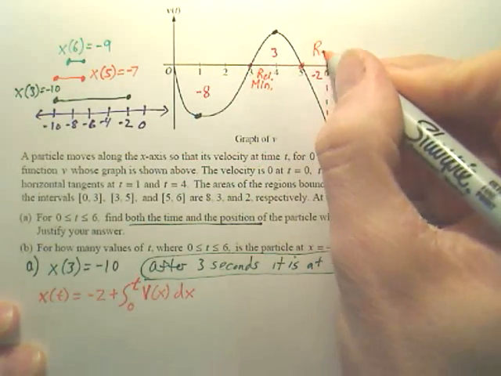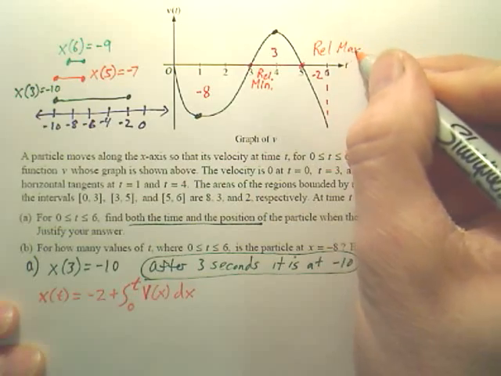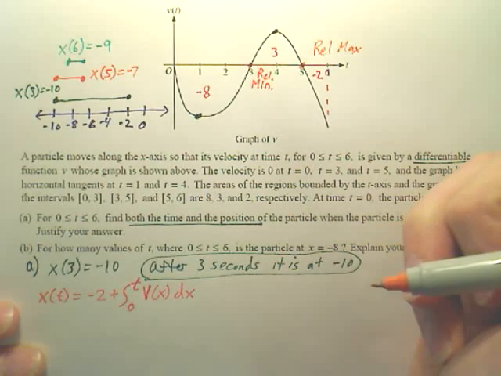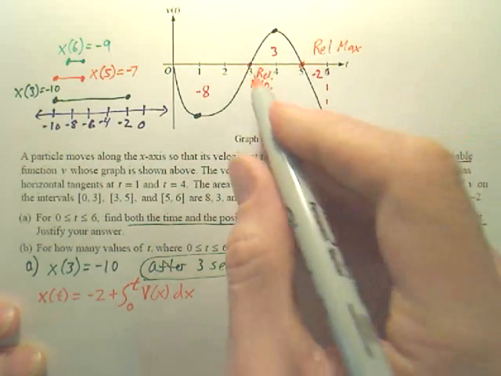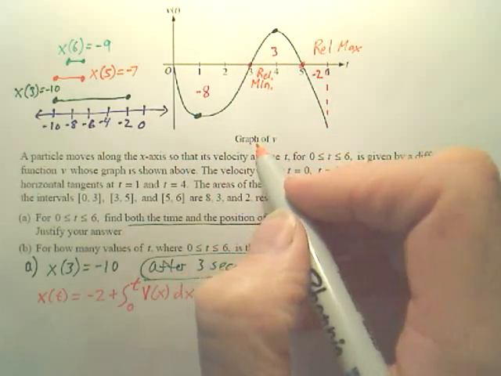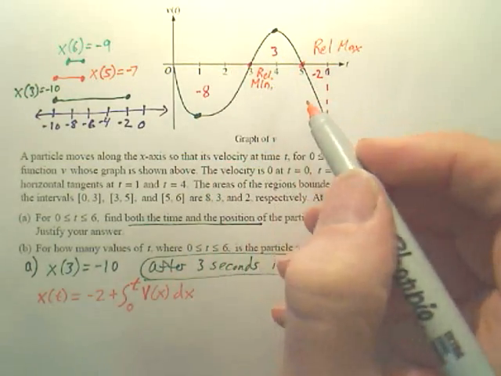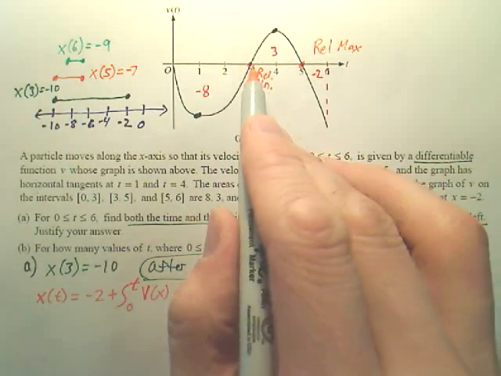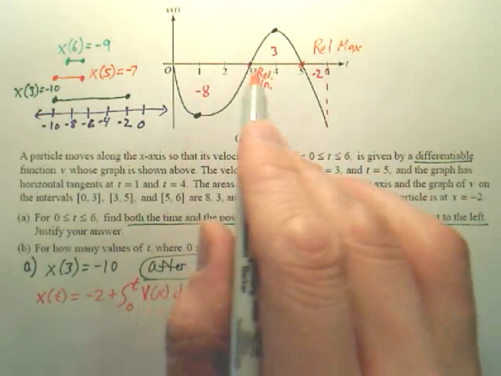Wouldn't this be a relative max? Velocities are slopes: negative, positive, positive, negative. These also help. So what you would do is you check this point and both endpoints.